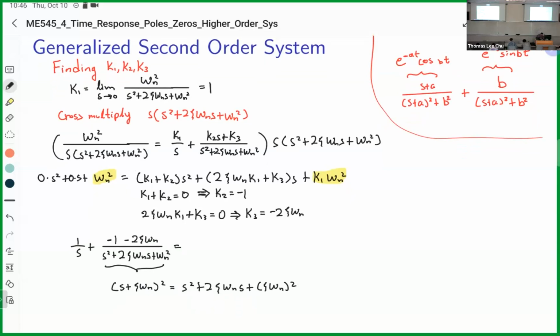And then we're missing something, so we need this to equal that denominator term. So we need to subtract (zeta omega n) squared and then add omega n squared.